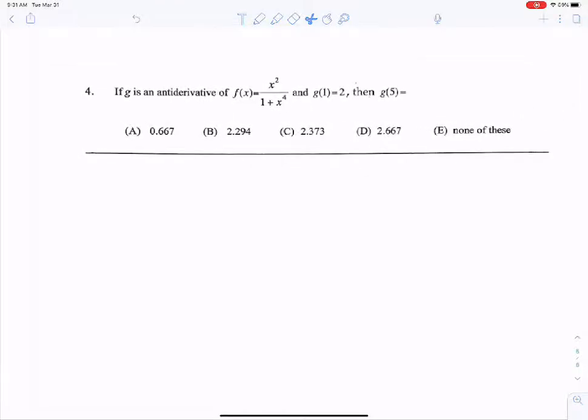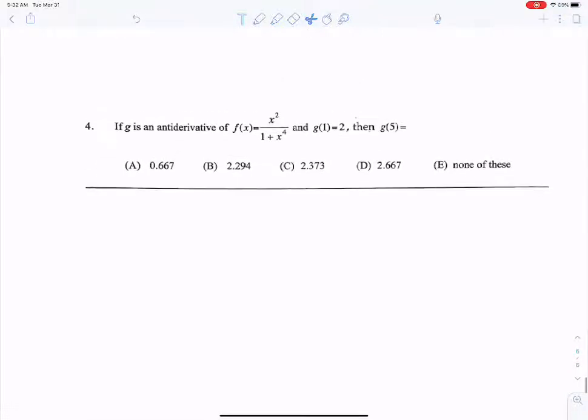First off, I want to remind you this is calculator stuff, so you are allowed to use a calculator. Be aware of that, because some of these you might be looking at, how do I integrate this? You don't have to worry about it. So let's see what we have.